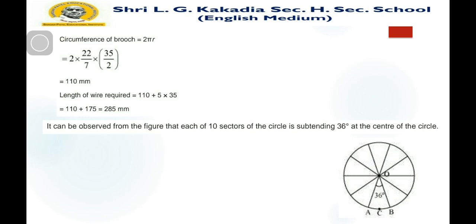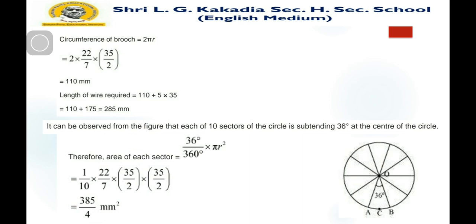As we discussed, the total angle is 360, and here 10 parts are given, so the angle of each sector is obtained by dividing 360 by 10, so 36 degrees. The area of each sector is equal to 36 degrees divided by 360 degrees into pi r square. Putting in the values, we can find the area of the sector as 385 by 4 millimeter square, and it is the required answer.